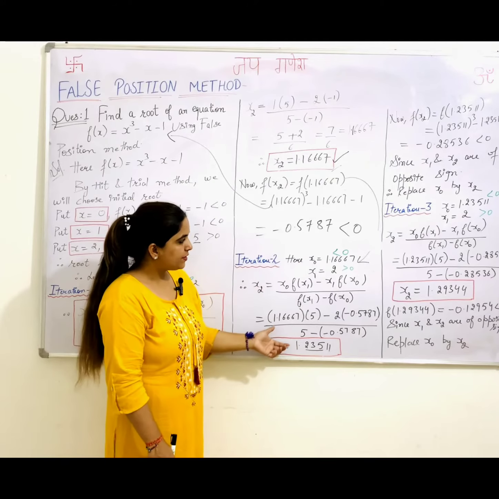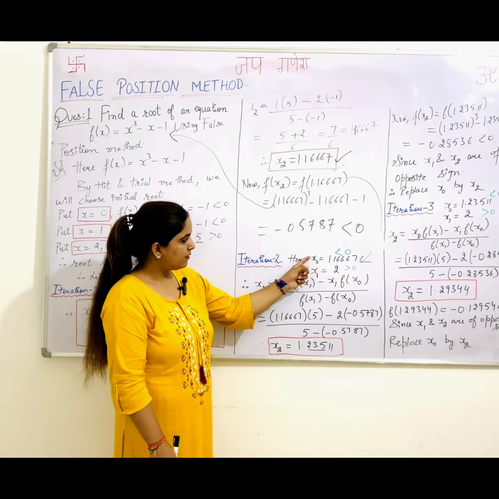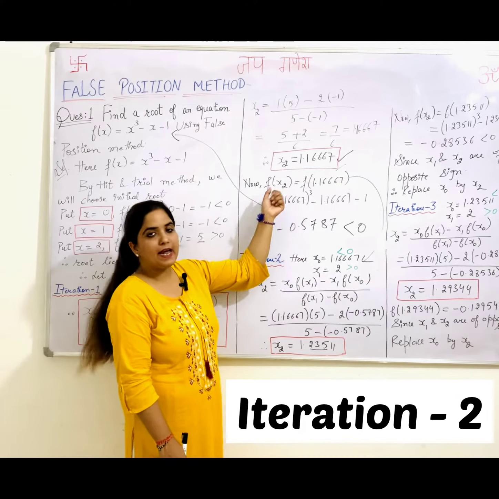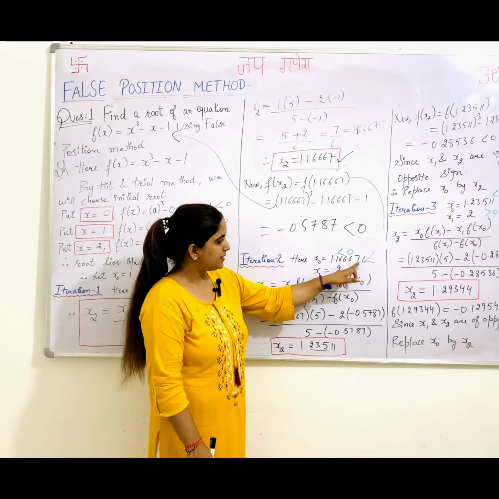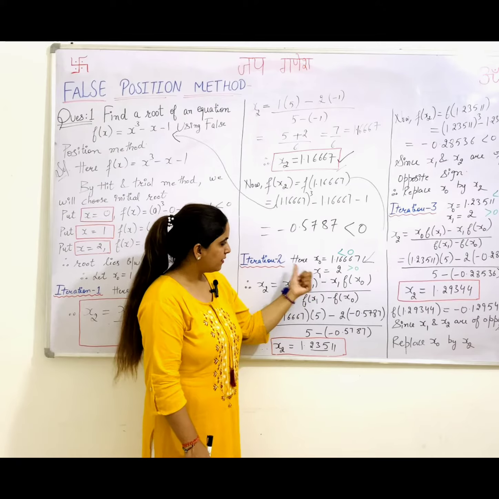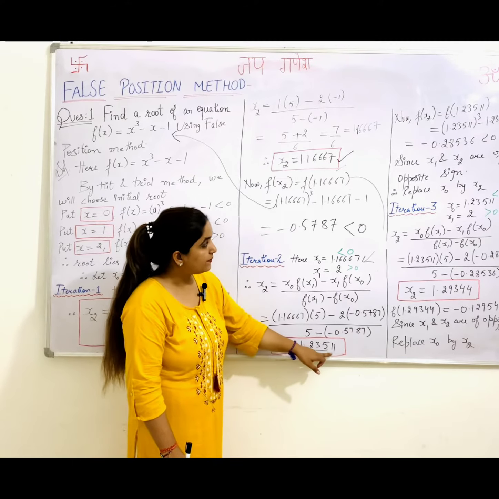So in every iteration we are choosing x0 and x1. One value from both of these must be that value where we ended in the previous iteration. So you can see 1.16667 as one of the values for x0 and x1. Here we are ending at 1.23511.